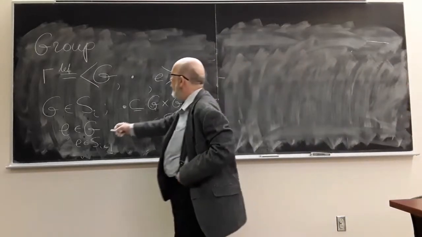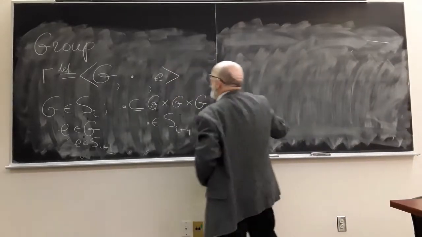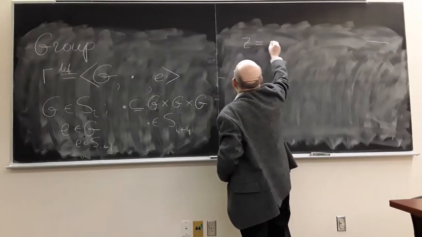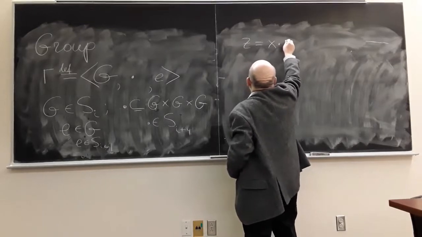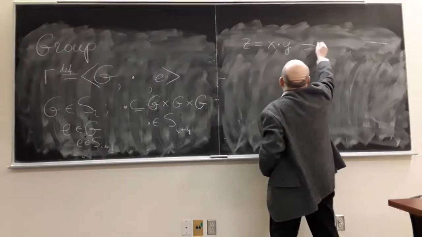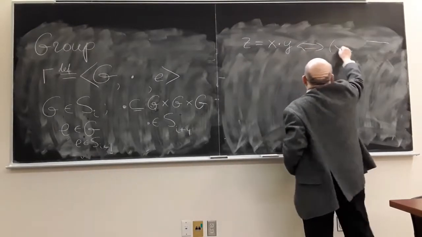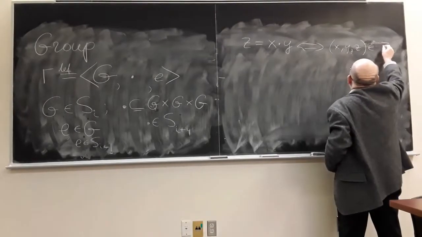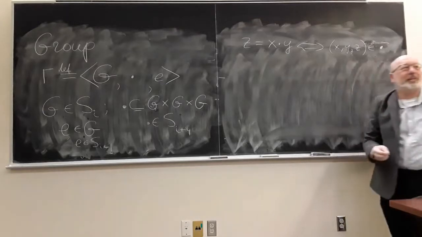So what does it mean that dot belongs? Z equals x dot y is the same as x, y, z belonging to this set dot.